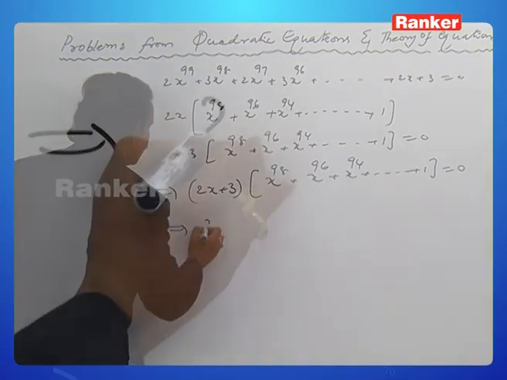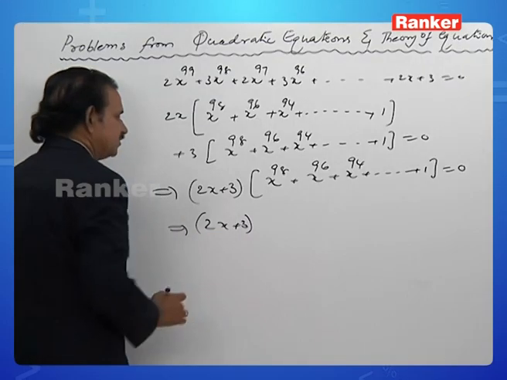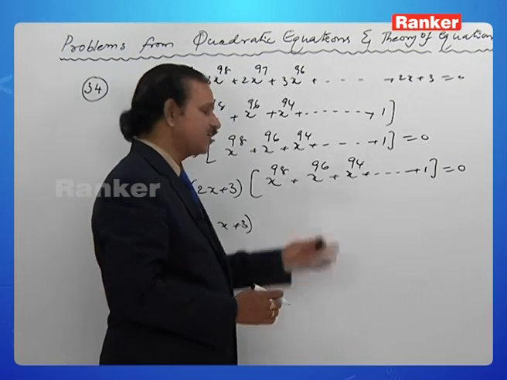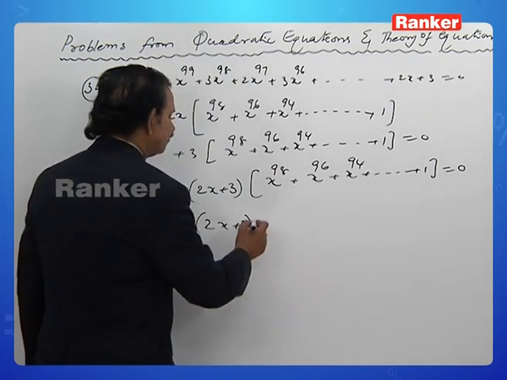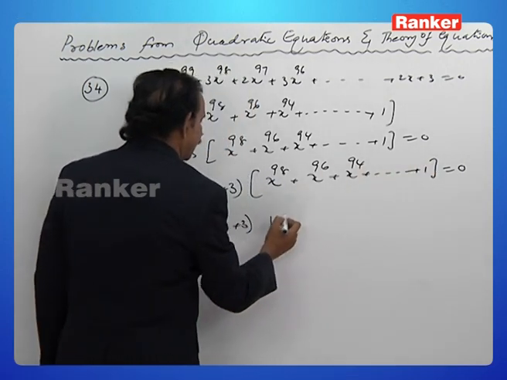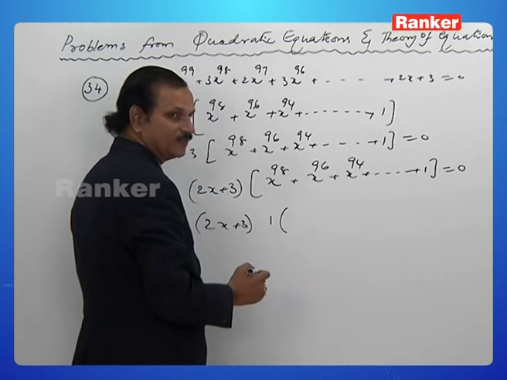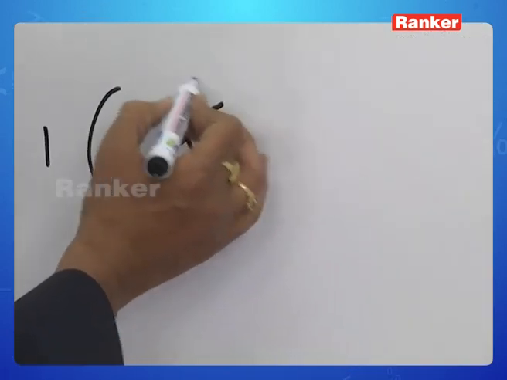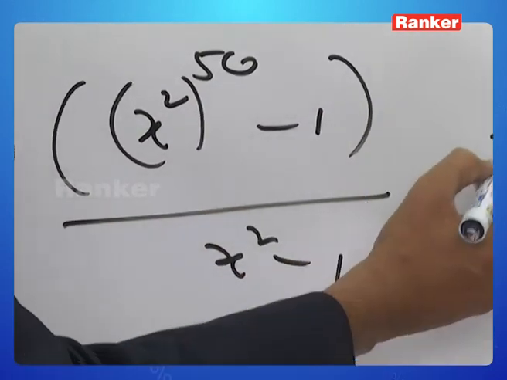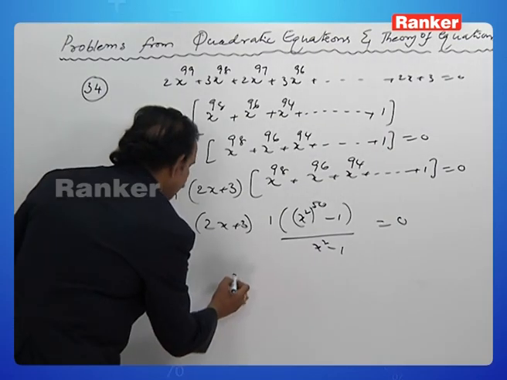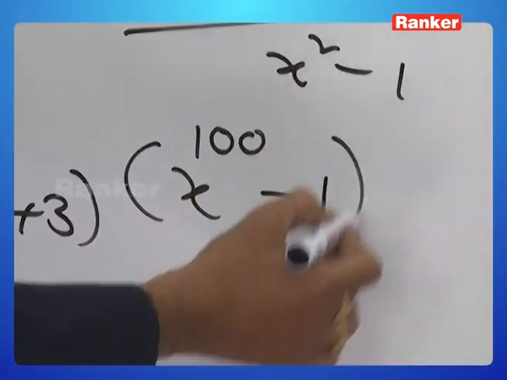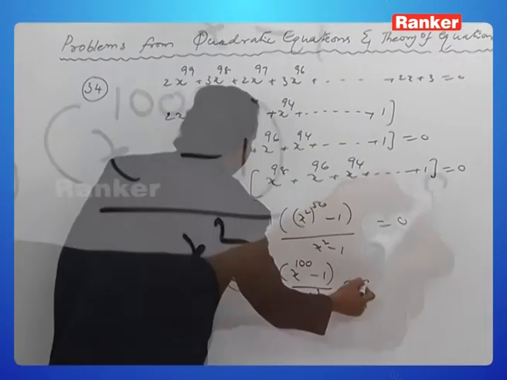Therefore, this is 2x plus 3 into, let us recall the formula for the sum to n terms of a GP. Here the common ratio is x square, and the first term is 1. So 1 into x square power 50 minus 1 by x square minus 1 is equal to 0. So 2x plus 3 into x power 100 minus 1 by x square minus 1 is equal to 0.